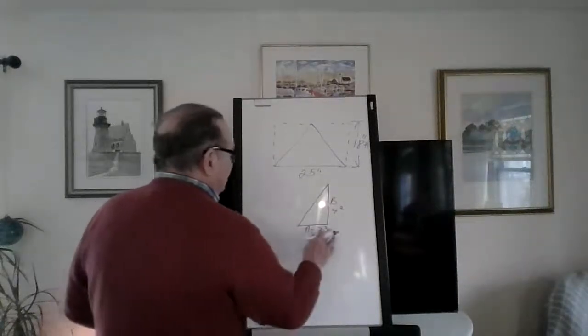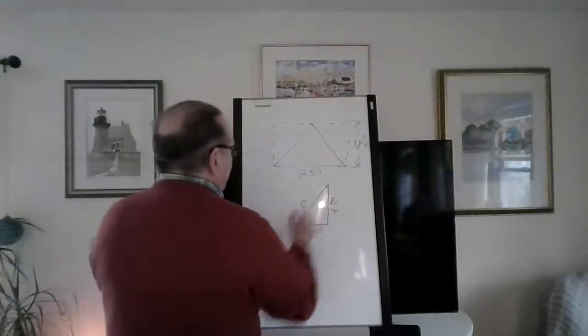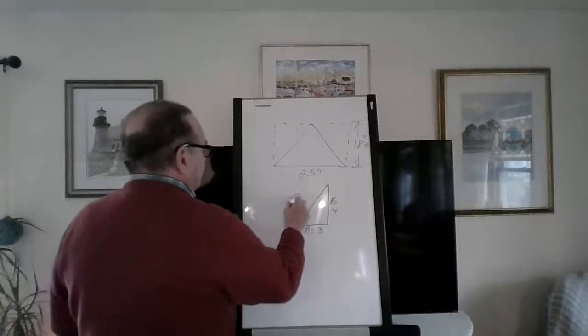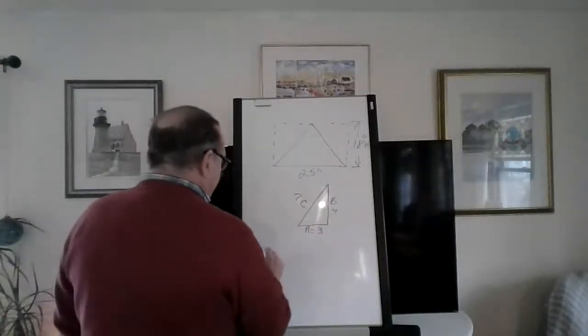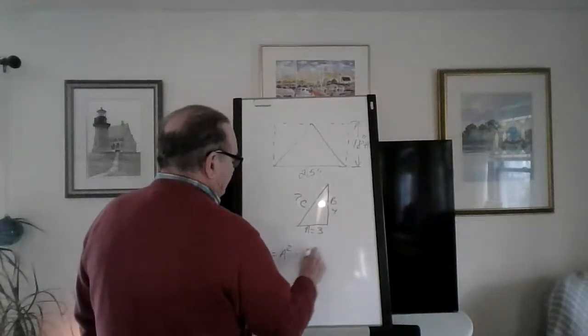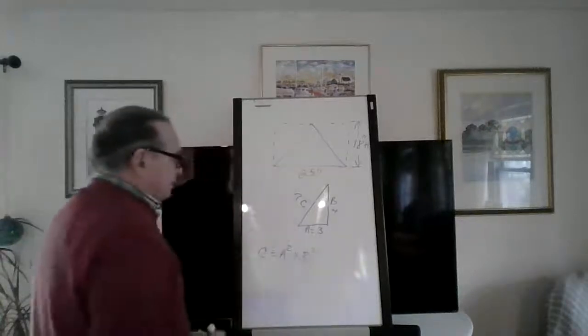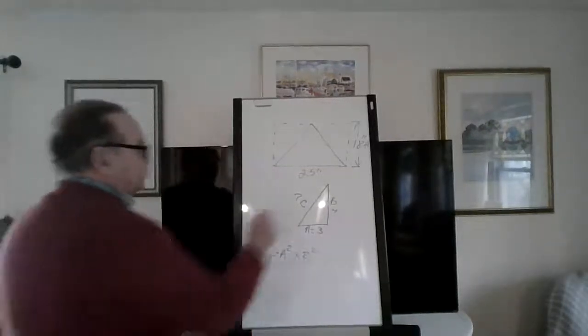So the problem would be, let's get rid of the square. This is C. That's what we're looking for. So we do C equals A squared plus B squared. Okay, so let's square them all.